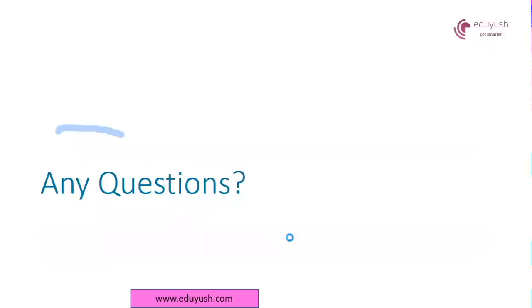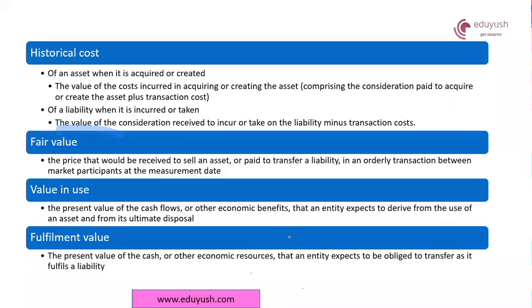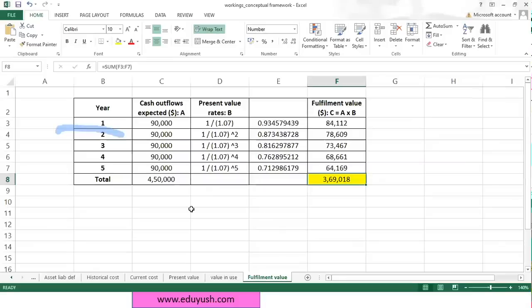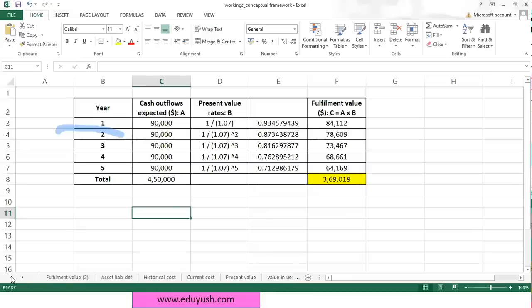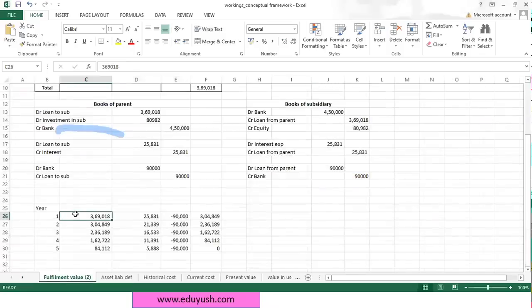Ma'am, I have one doubt here. So 3,69,000 we will record in year 0 as my liability, and every year I will revise that value. Okay, I will show you how it will work. We will record it initially at 369,018.